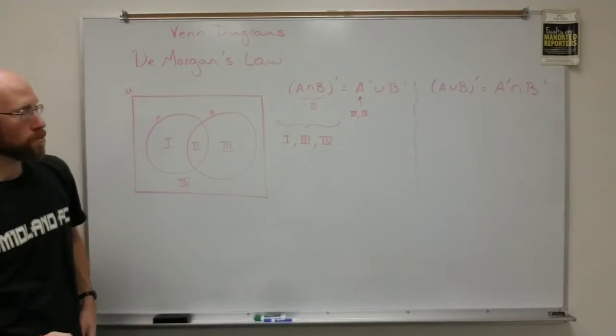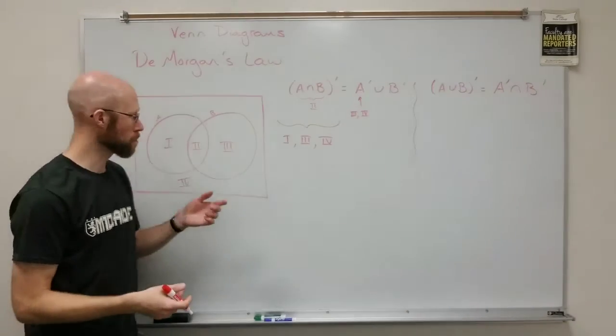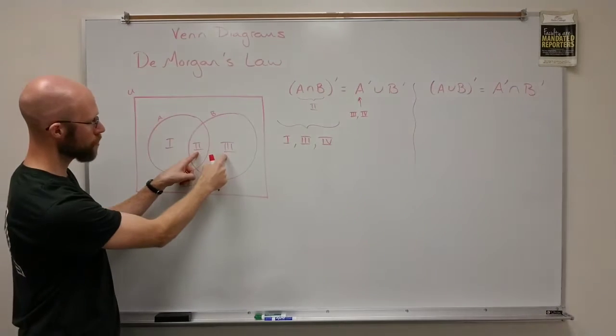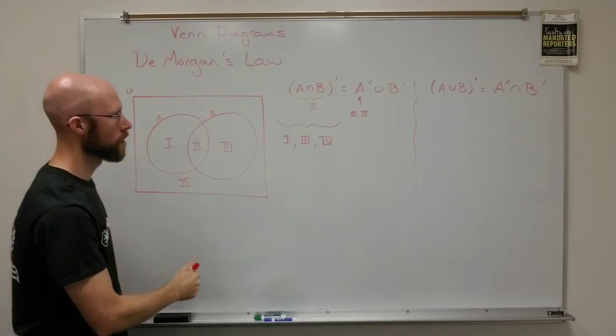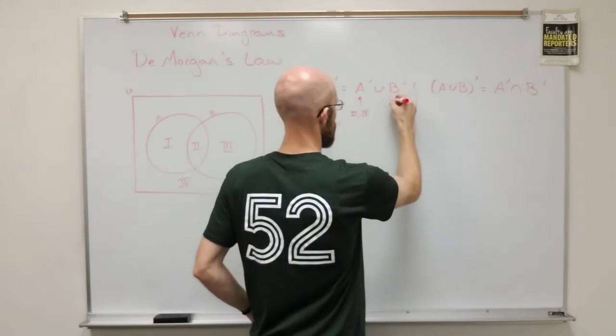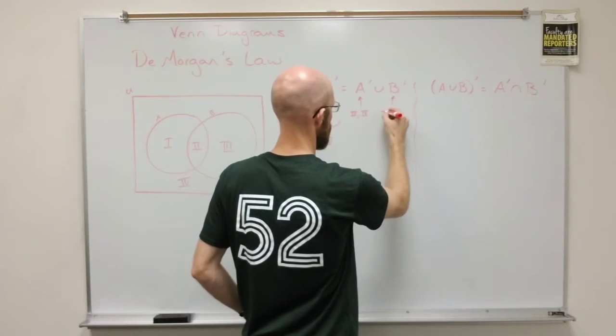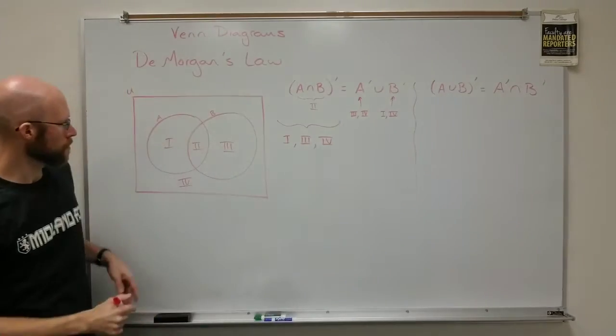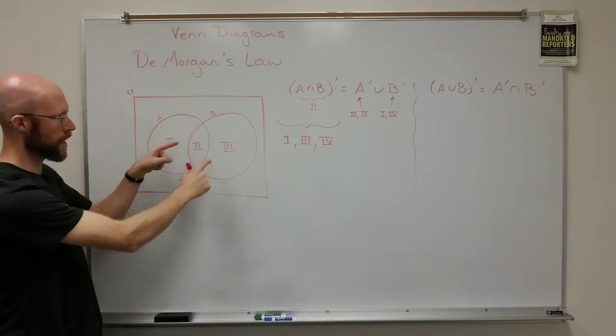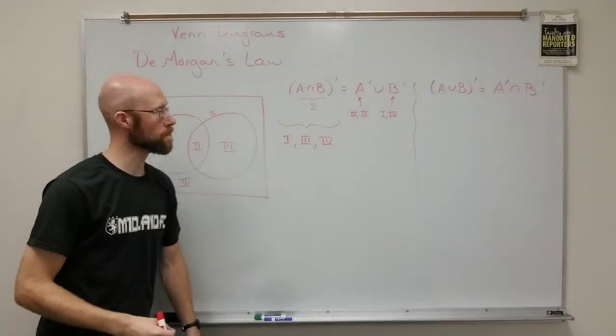Okay, B complement. Well, let's think about B. B is 2 and 3. So B complement must be 1 and 4. B complement is all of the elements that are not in B itself, 1 and 4.